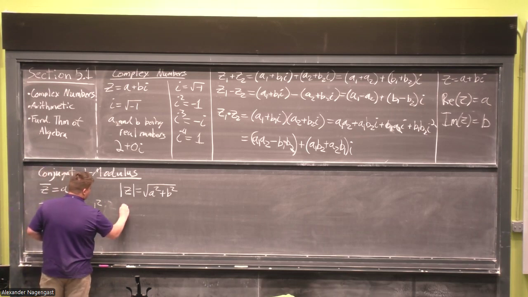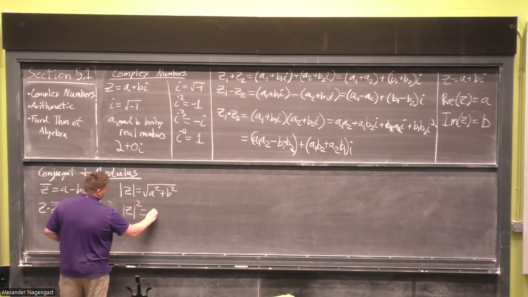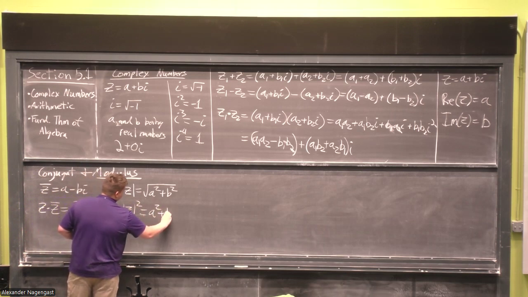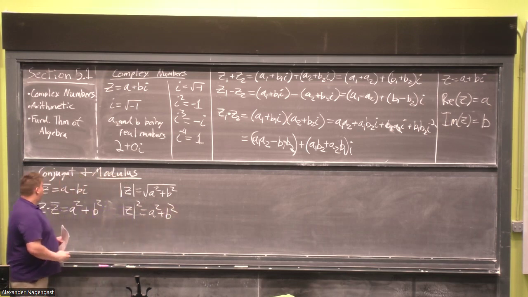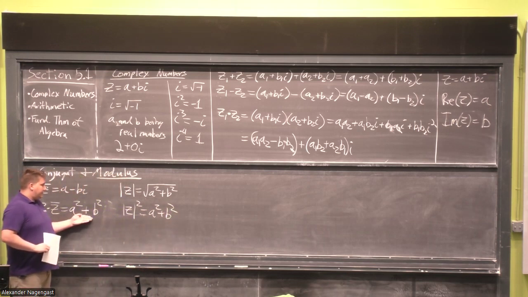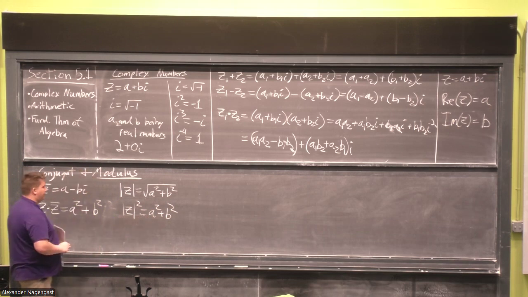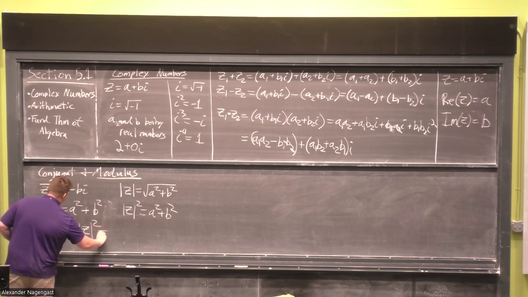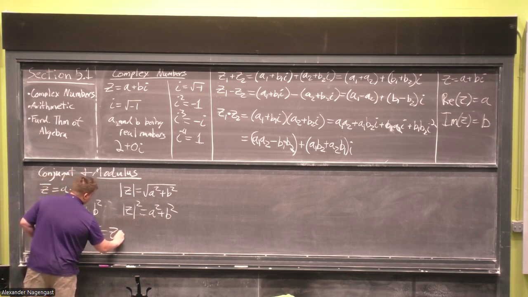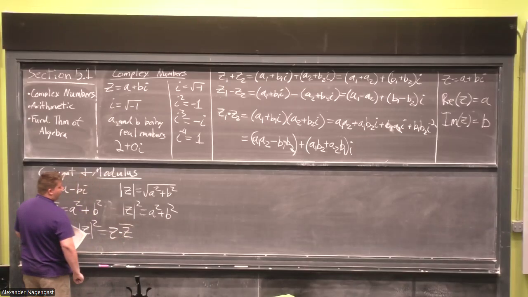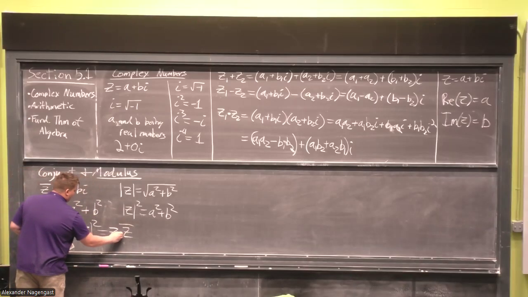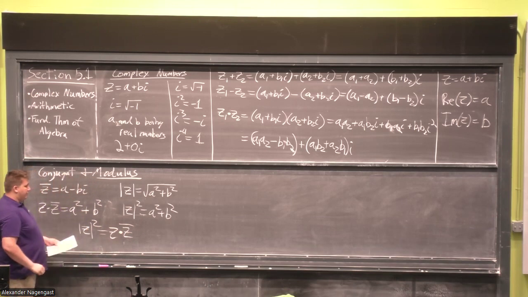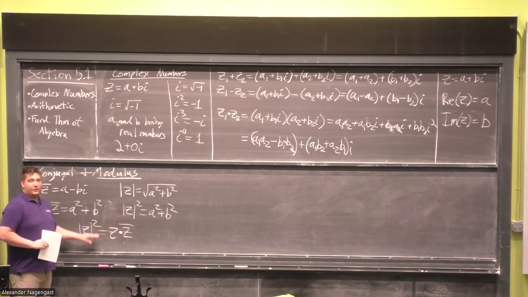Well, if I rewrote this as the modulus of z squared is equal to a squared plus b squared, we can write that the modulus of z squared is equal to z times z bar, and vice versa. Z times z bar is equal to the modulus of z squared.